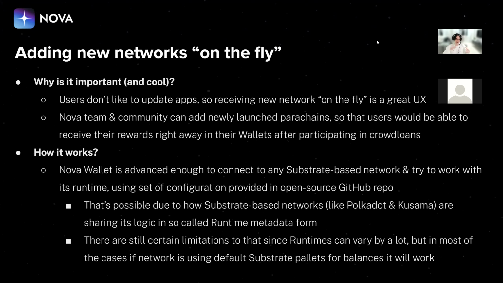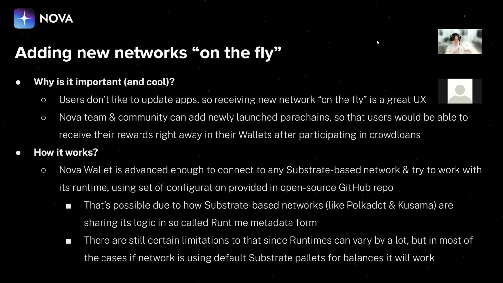Because there is zero effort required from a user to receive support for the new network. The second point here is that our team and the community, because it's an open source repository, can add newly launched networks or parachains, so that users who are using the production Nova application will receive the rewards right away in the wallet, right?